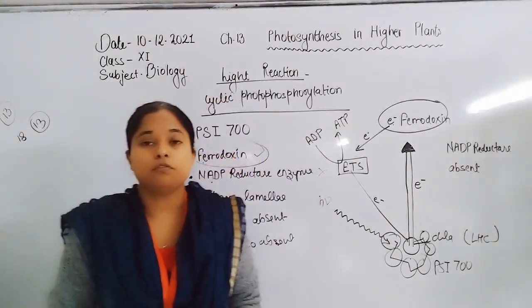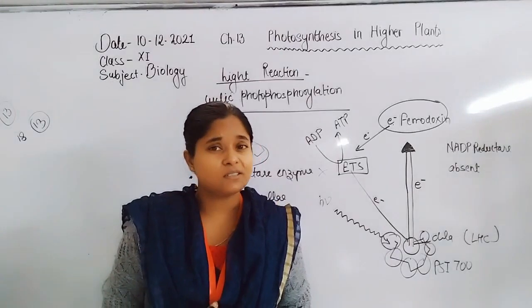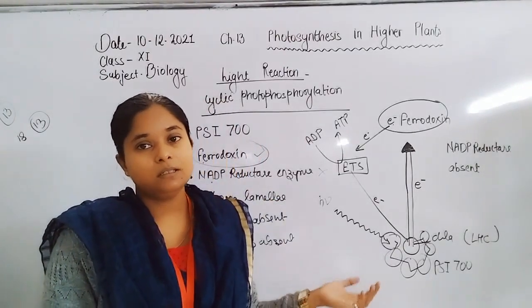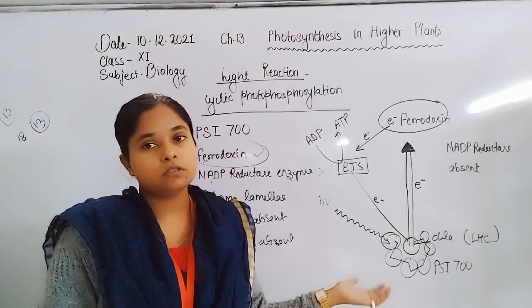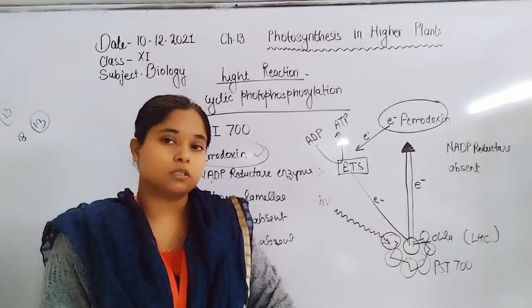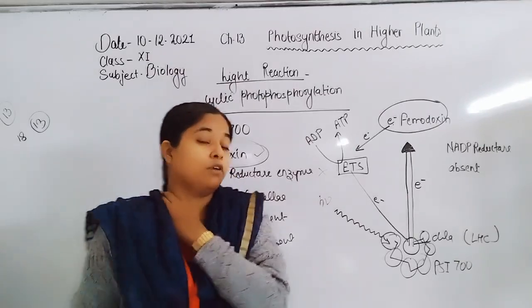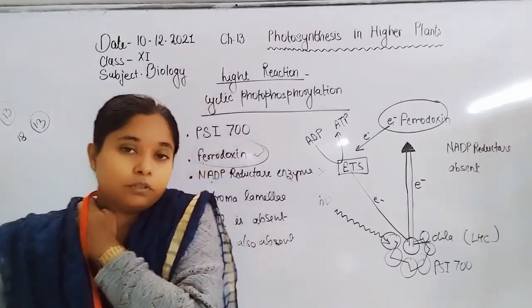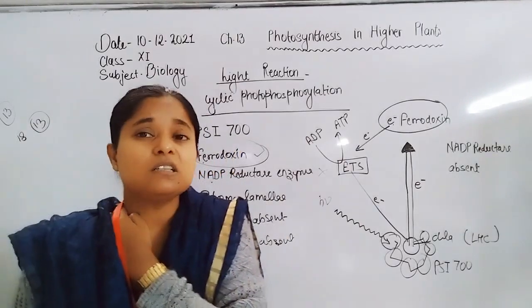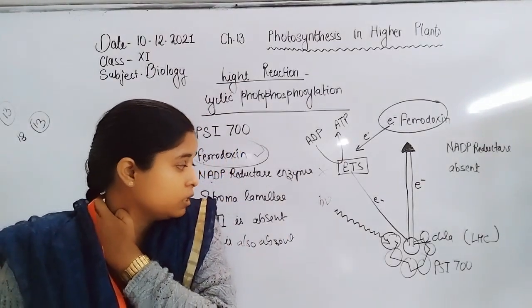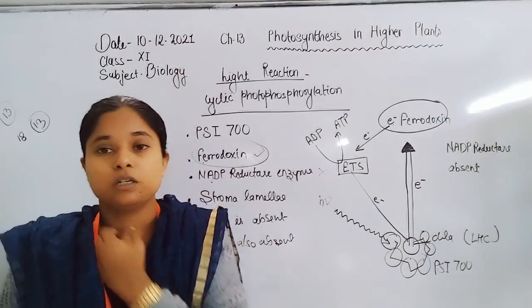The product of cyclic photophosphorylation is not the oxygen molecule, because neither splitting of water takes place nor is oxygen evolved during the process. The release of oxygen takes place only during non-cyclic photophosphorylation.